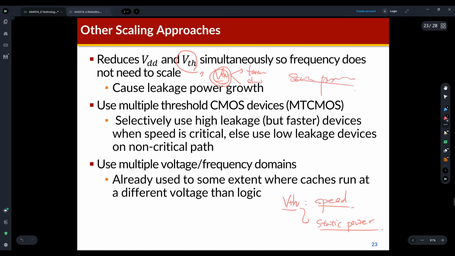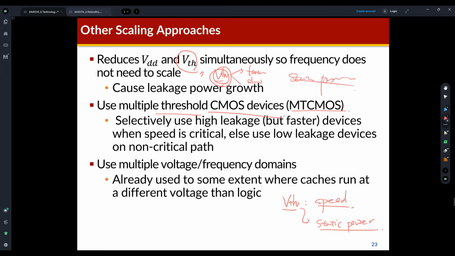Okay. Then, how can you apply this property? A CMOS device can have multiple threshold voltage levels. So this is called the multi-threshold CMOS.